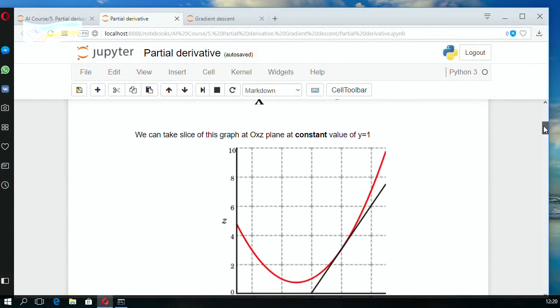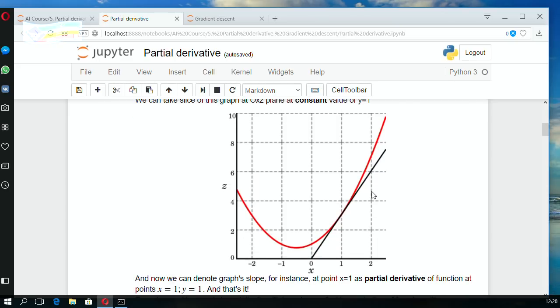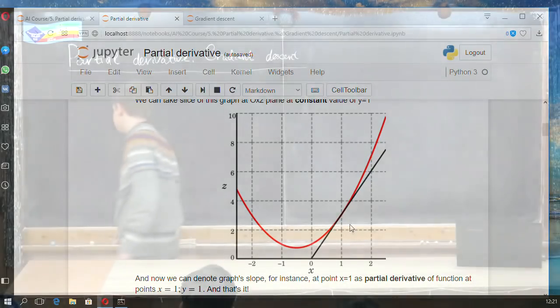Now, after we've drawn it, we can see this graph, and this slope at this particular point, for example, is called the partial derivative of z with respect to x. And yeah, that's the geometrical meaning of the partial derivative. So let me briefly re-explain this.